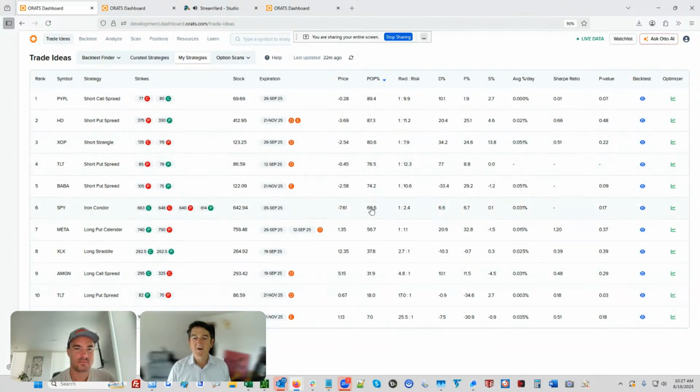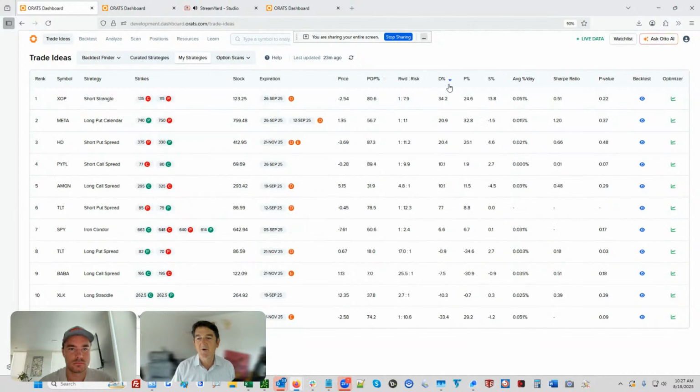So probability versus reward risk is what it's all about, Tyler. We present that here. We also present a distribution percentage, and you want to trade the highest distribution percentage. That again is picking out the short strangle, and then a high forecast percentage. So that's how I like to look at some trades.